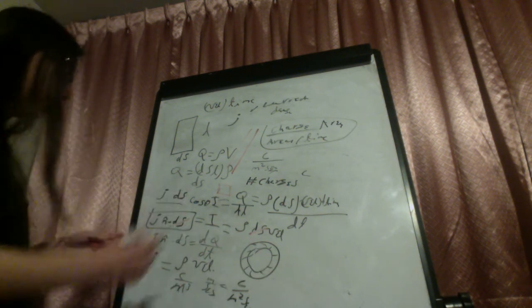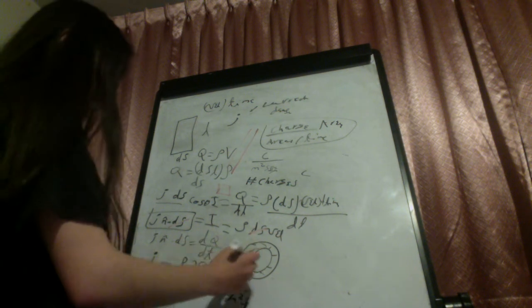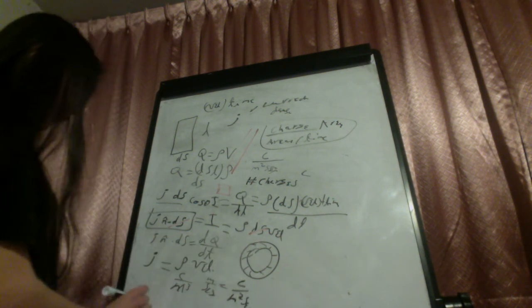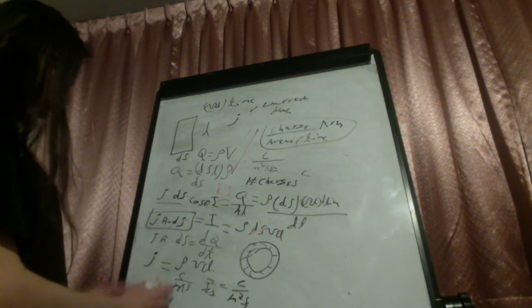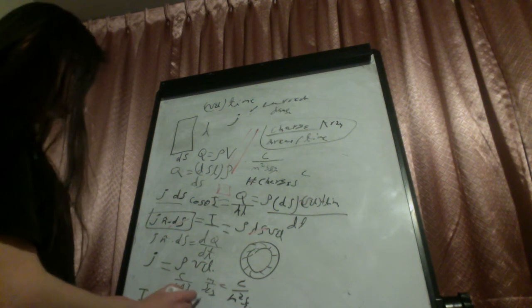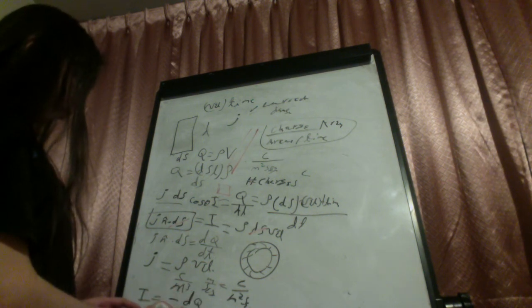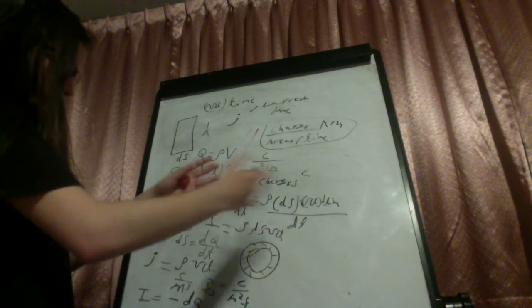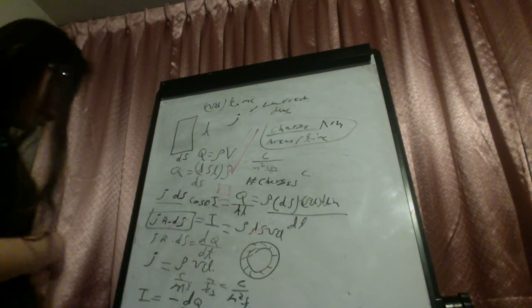So we have that the current in this case would be minus dQ in dt, because the charges are decreasing, so we have a negative sign.